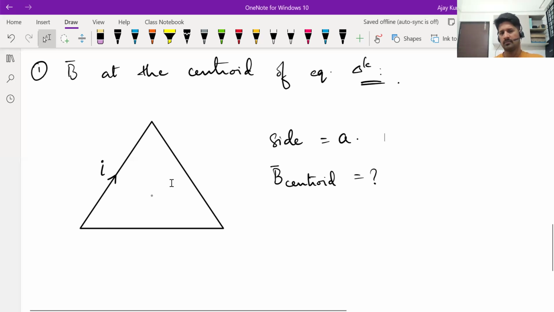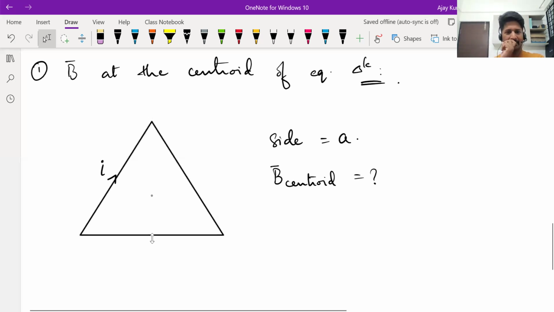And for the other two sides, once again I'm calculating. Why do you have to calculate? It's an equilateral triangle, so it will be the same. Whatever is the distance of the centroid from one side, it should be a by 2 root 3. In an equilateral triangle, all those points, circumcenter, centroid, are the same and they are all equidistant from every side.